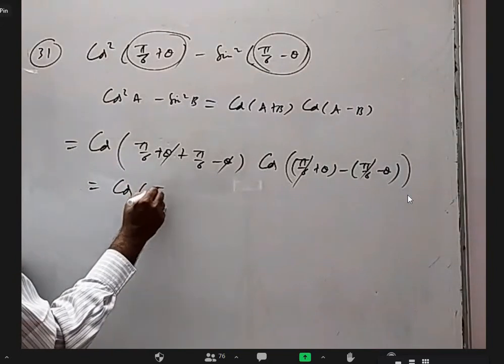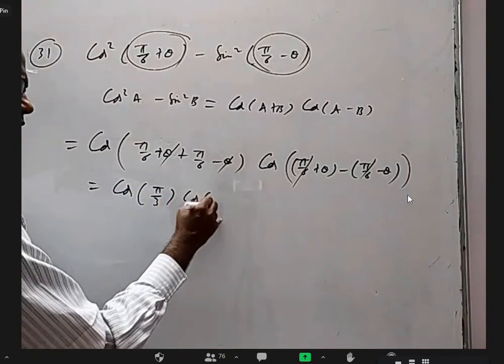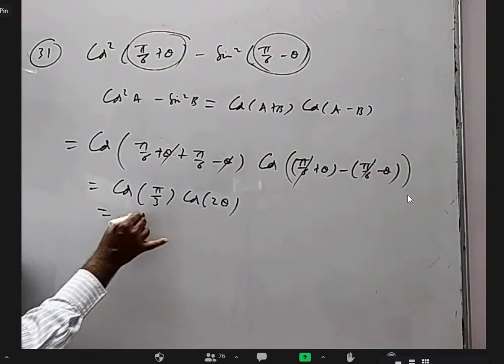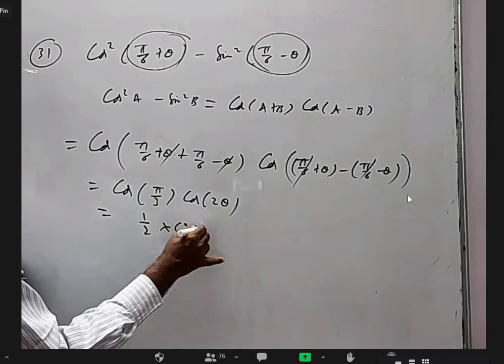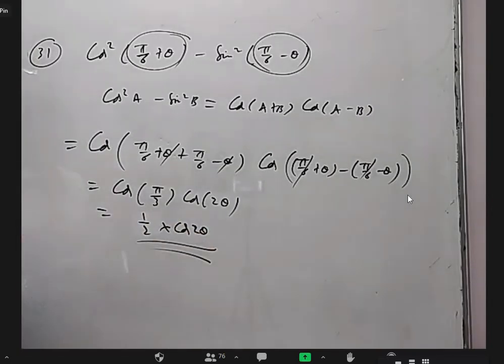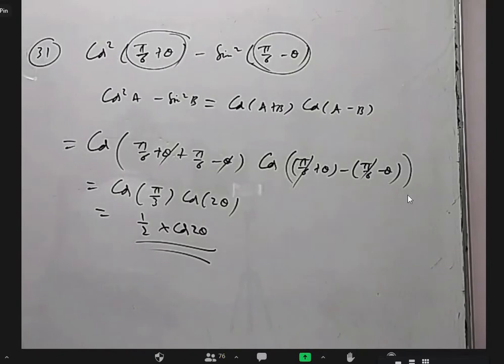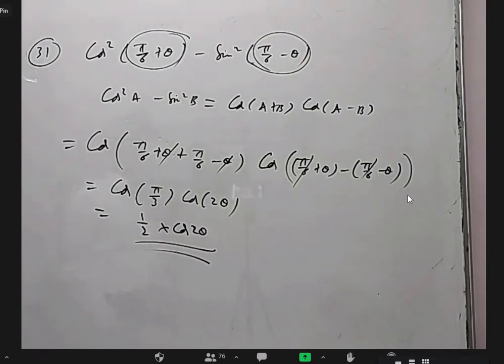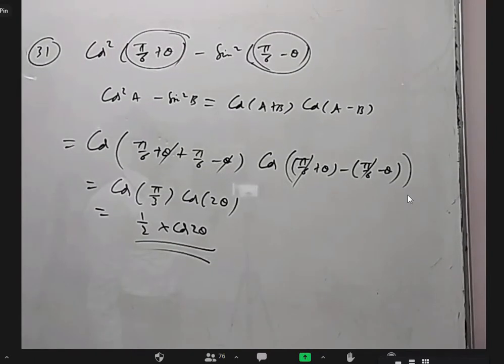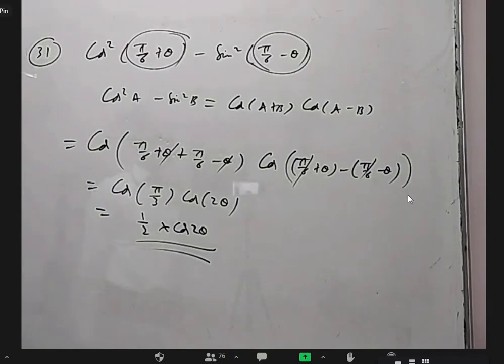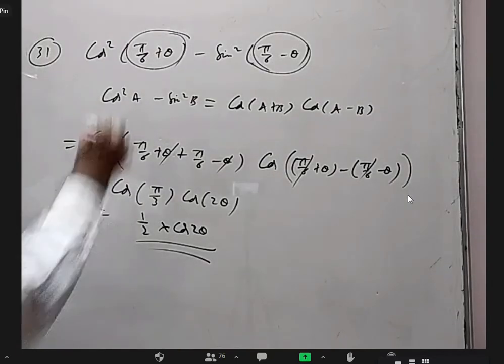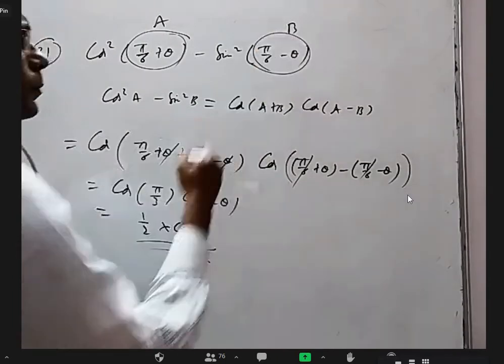This is cos pi by 3. This is cos 2 theta. Cos 60 is 1 by 2 into cos 2 theta. Sir, here A is pi by 6 plus theta and B is pi by 6 minus theta. Exactly. Let us take this as A, this as B.